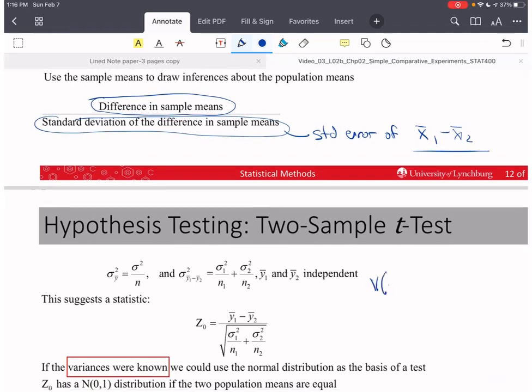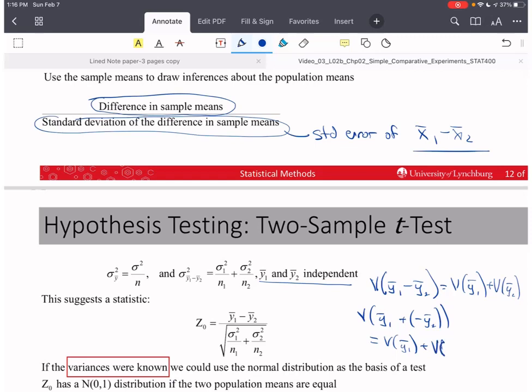of y1 bar minus y2 bar, and y1 bar and y2 bar are independent, then this is going to be the variance of y1 bar plus the variance of y2 bar, because the covariances are equal to 0. This is the same as the variance of y1 bar plus the negative y2 bar. We could write this as the variance of y1 bar plus the variance of negative y2 bar, and this negative 1 comes out twice because it's a variance.